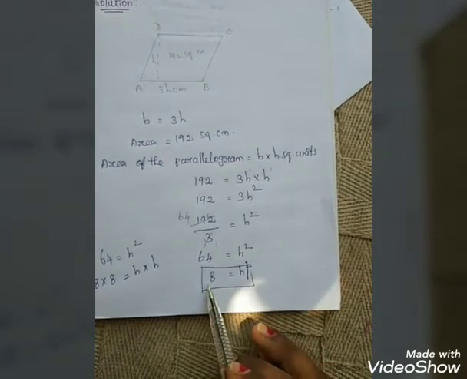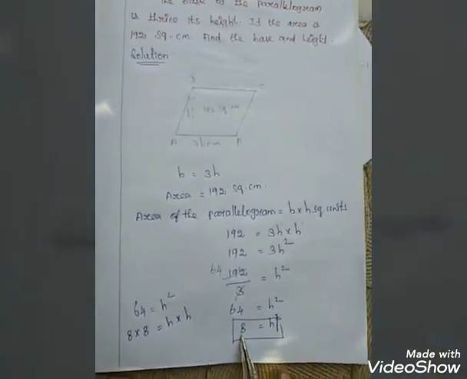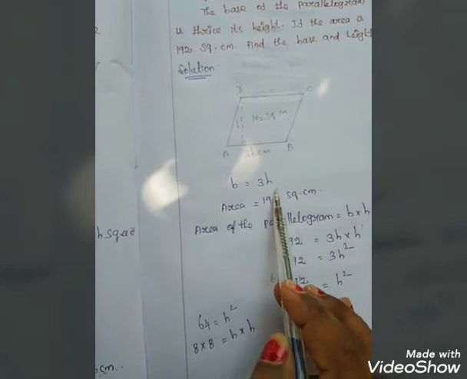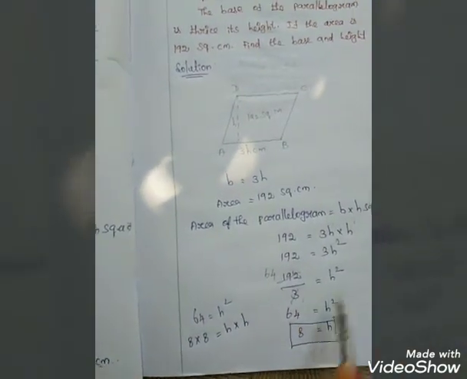So h is equal to 8. Okay. So h is 8, then we calculate the value of b. b is 3h. So 3 times 8. 3 8s are 24. So base is 24 centimeter and height is 8 centimeter.